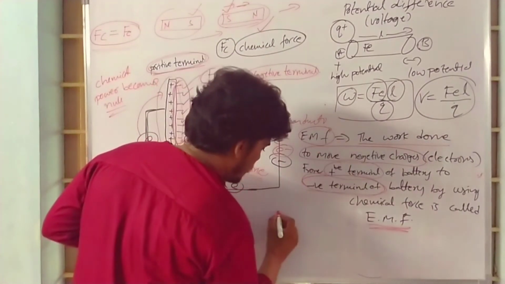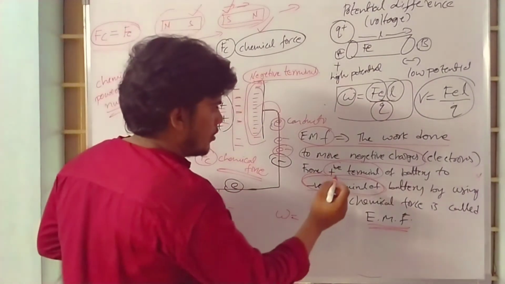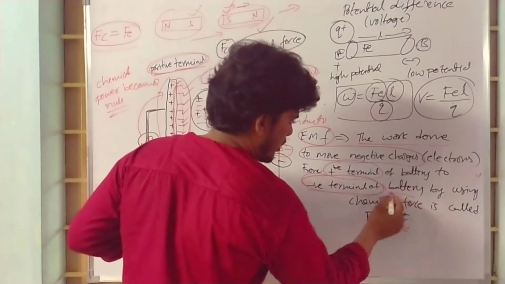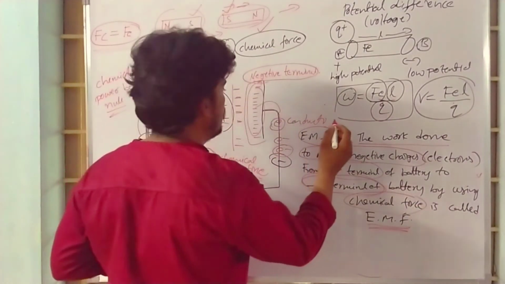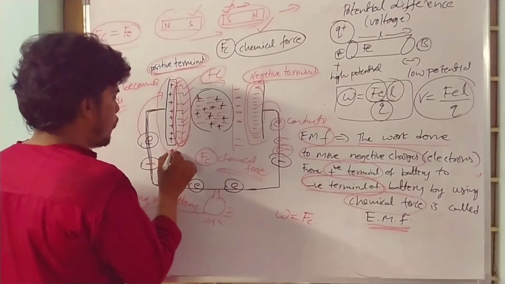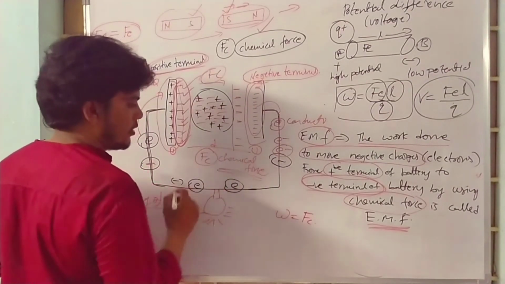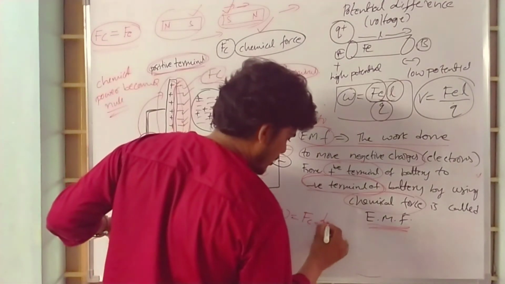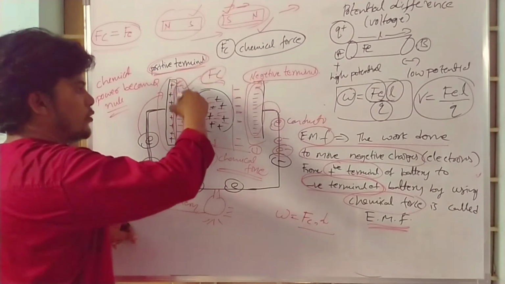Work done, so W. By applying a chemical force, Fc, it moves from one point to another point, which is called distance d. What are the things we moved here?